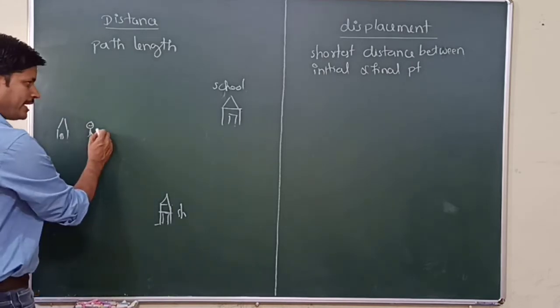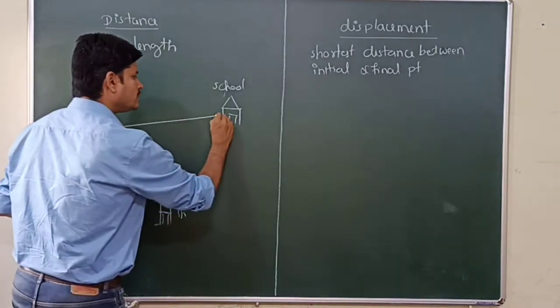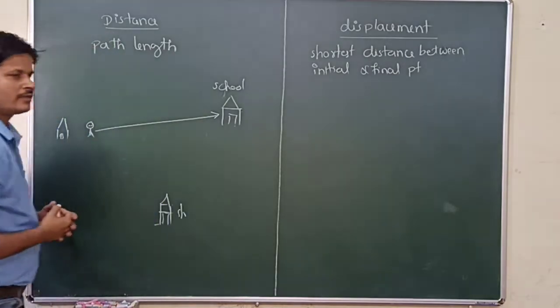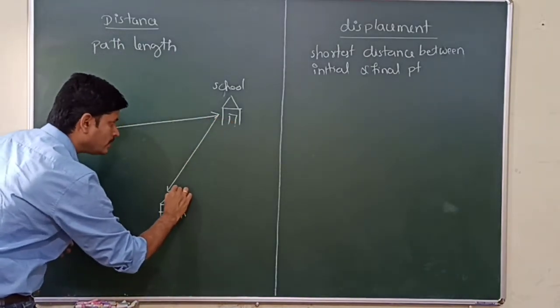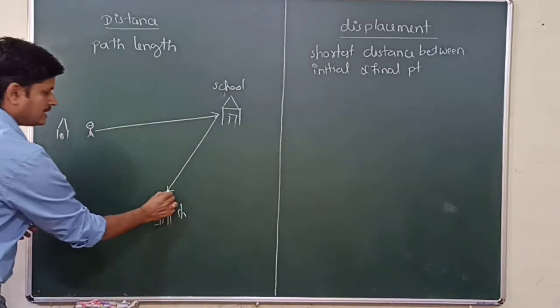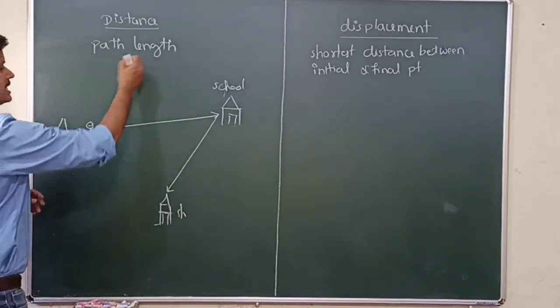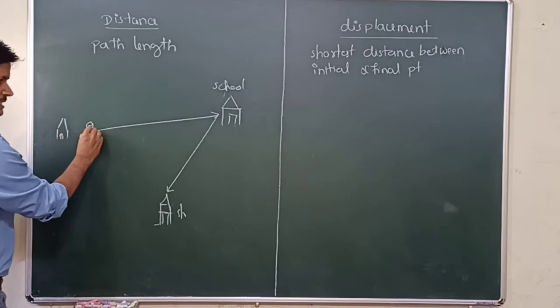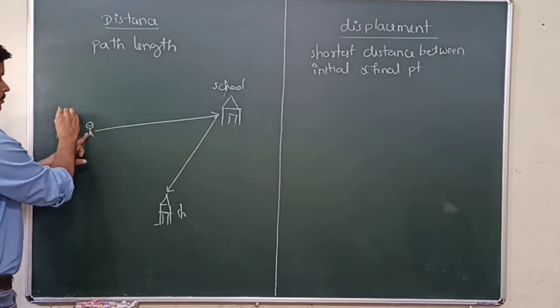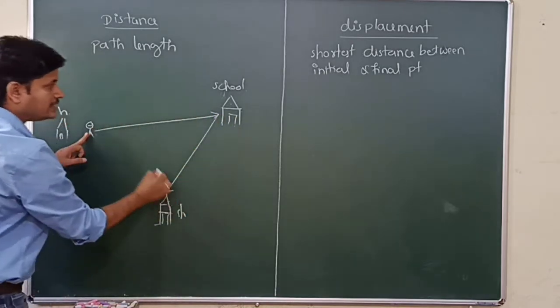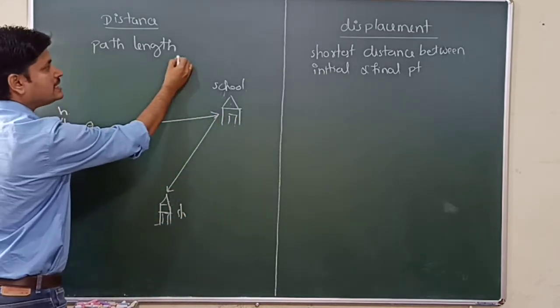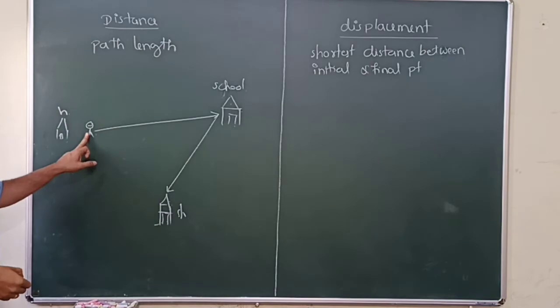If this boy goes directly to the school and next goes to the shop, then the path length is the total length this person traveled from home to school and then to the shop. This is what we call distance.